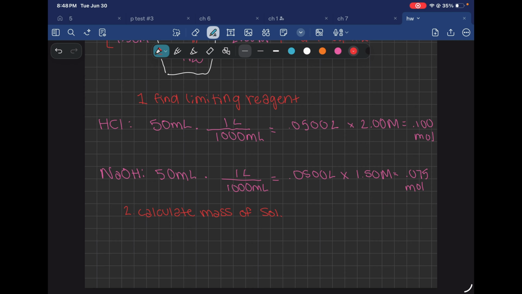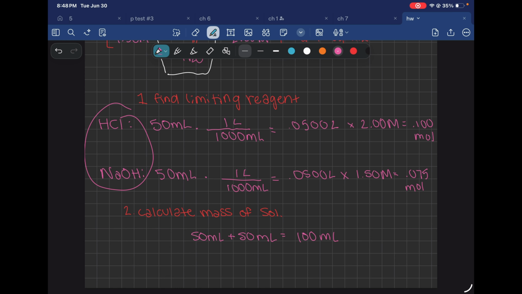Okay, so we were given 50 milliliters of each of these things that were mixed into the solution. So of our solution of these two, we have 50 ml plus 50 ml equals 100 ml.